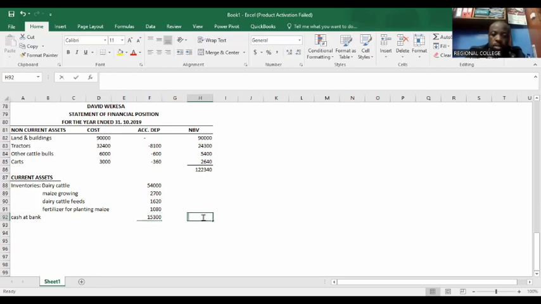Then we have capital. So I can get our total assets.